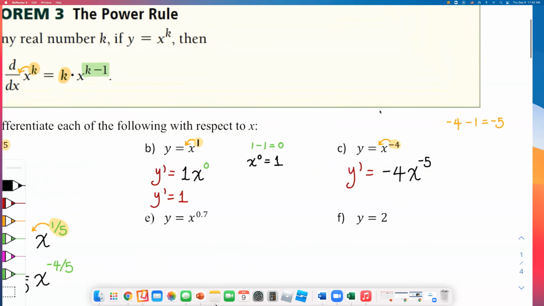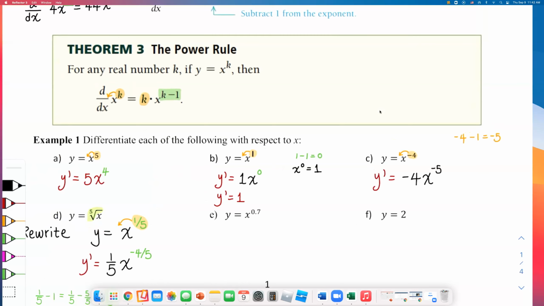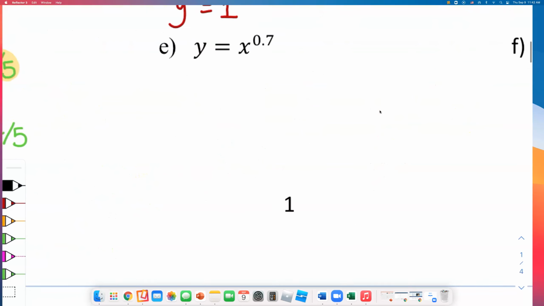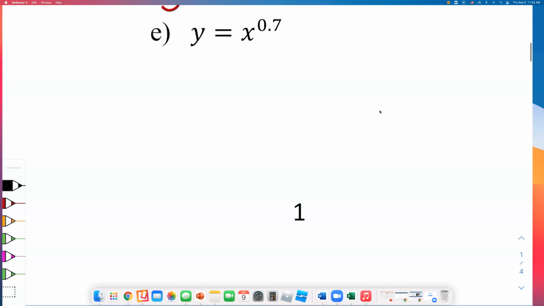Let me do 2 more in this video and I will stop this, okay? Next one. y equals x to the 0.7. I mean, it looks a little different, but we're going to use the same power rule. y prime equals, bring down that exponent of 0.7. So I'll have 0.7 x to the.